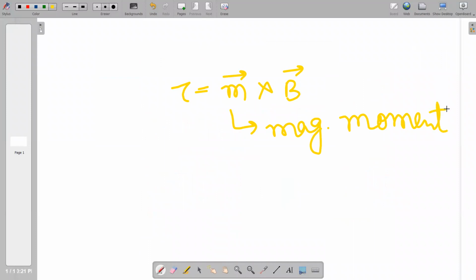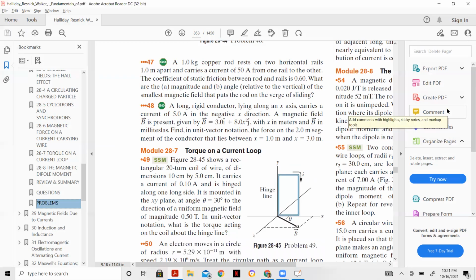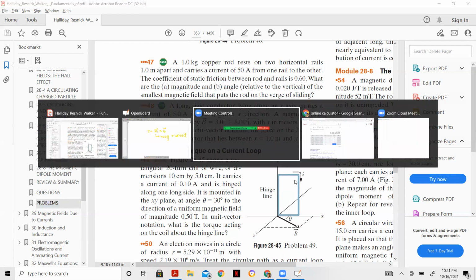Magnetic moment direction is given by right hand rule. So if you curl your fingers in the direction of current, thumb will give you the direction of magnetic moment. So as shown in the diagram, if you curl your finger in clockwise direction, the thumb will point into the paper, that is minus k cap direction.